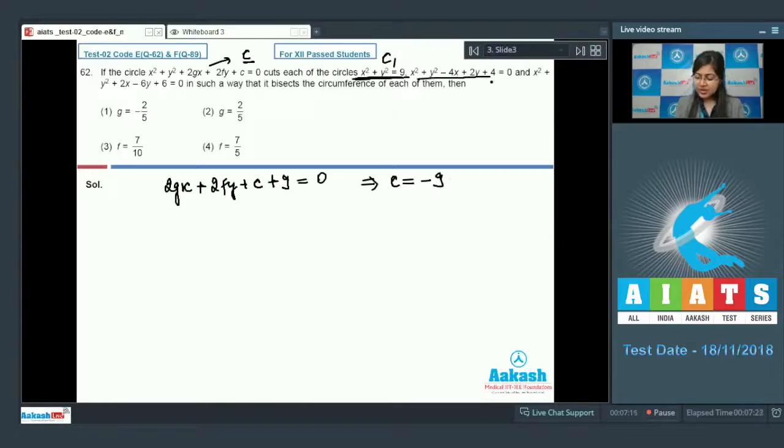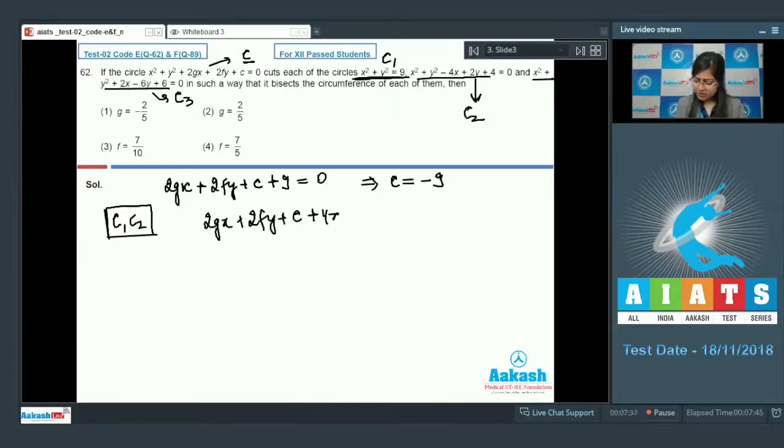Similarly, let us say this is circle C2 and this is circle C3, right? Now, if I talk about circles C and C2, we can see that the equation of the common chord will be 2gx plus 2fy plus c plus 4x minus 2y minus 4 equal to 0.